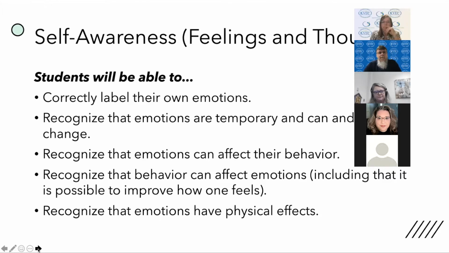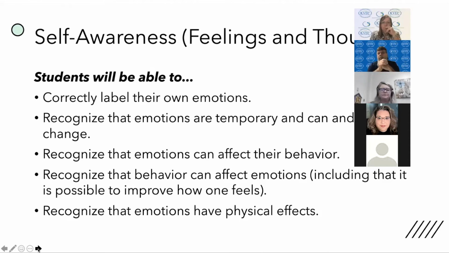So, what the student will be able to do, these are the things that if we work with our students on developing the competency in self awareness, they should be able to correctly label their own emotions, recognize that emotions are temporary and can and will change, recognize emotions can affect their behaviors, recognize behavior can affect emotions, and recognize that emotions have physical effects.